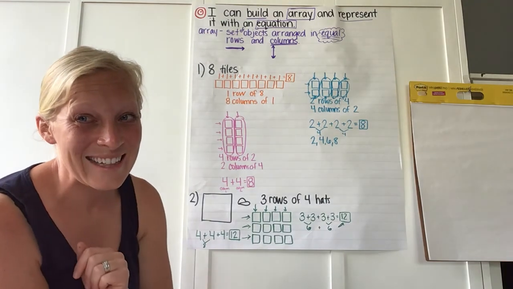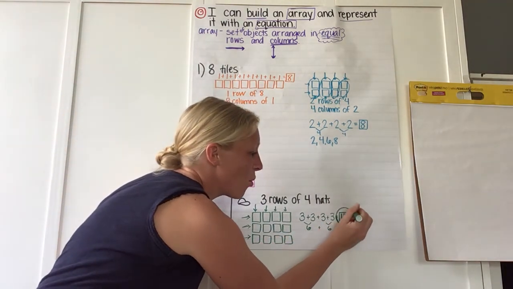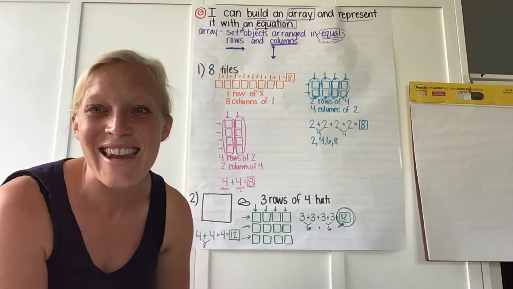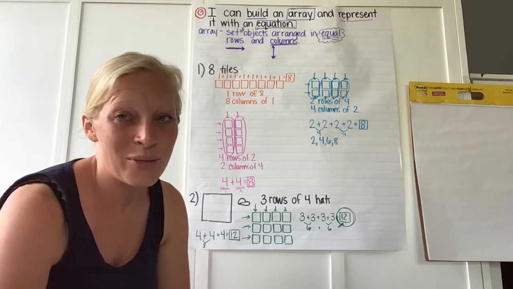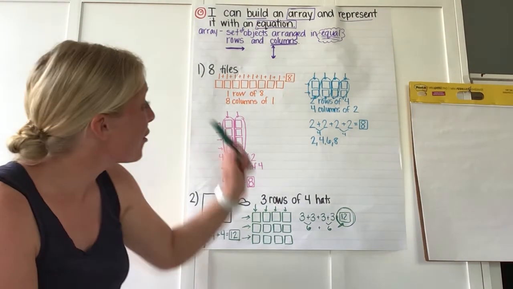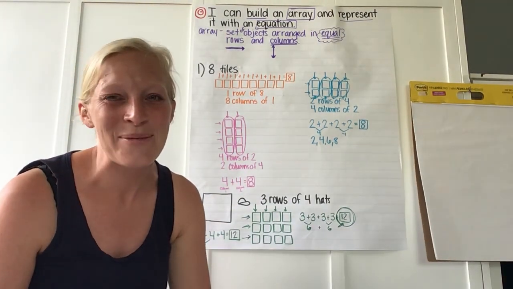Now, exit ticket for you, my friends. We have 12 hats. I want you to show me another way you can arrange your tiles to show me another array of 12. Cannot wait to see the work that you do.